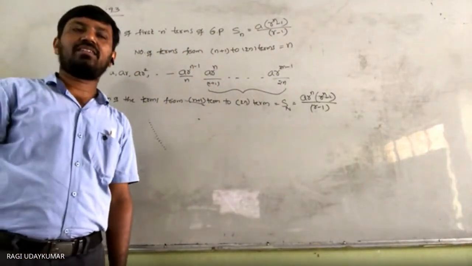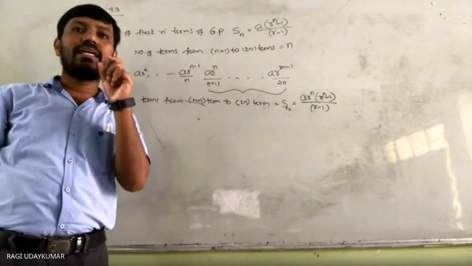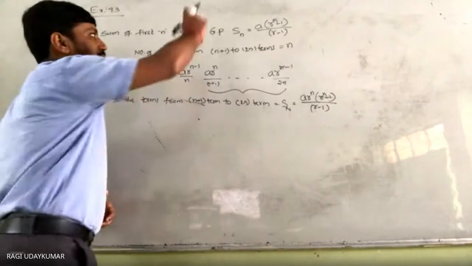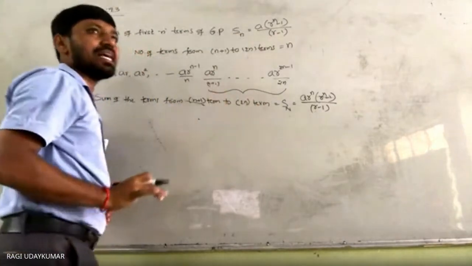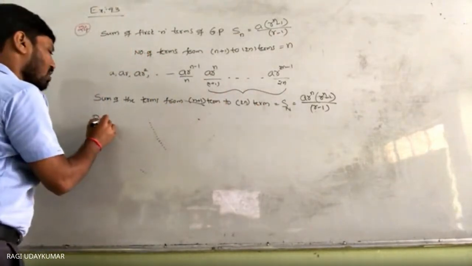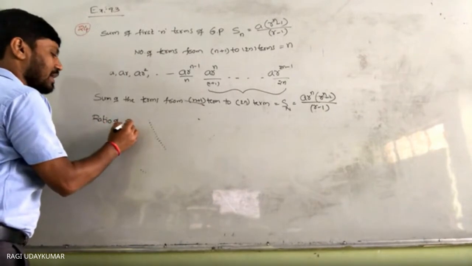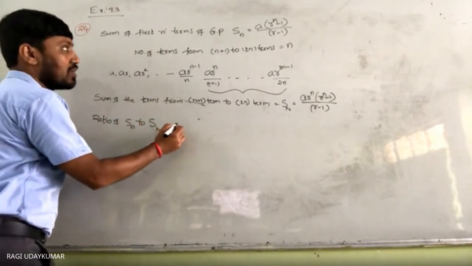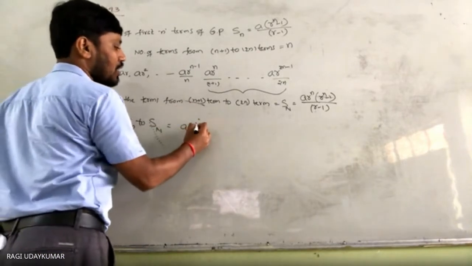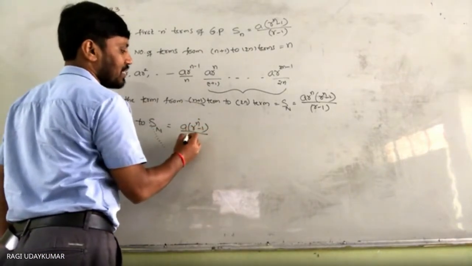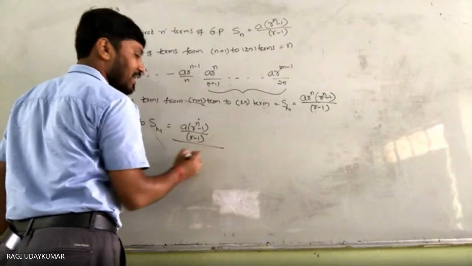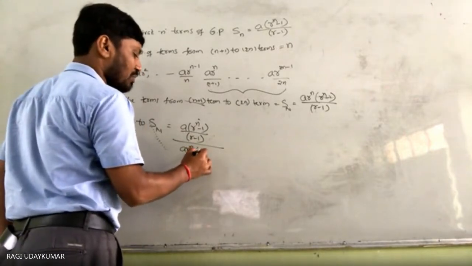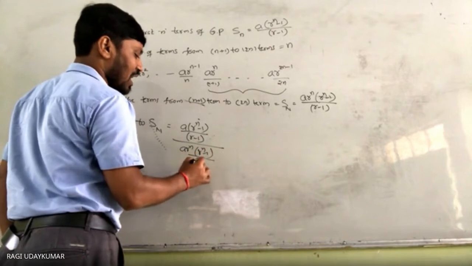Right. So the ratio between these two terms is what is being asked. So the ratio of Sn to S capital N is equal to A into r to the power of n minus 1 by r minus 1, divided by A r to the power of n into r to the power of n minus 1 by r minus 1.